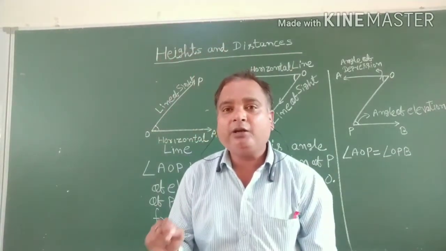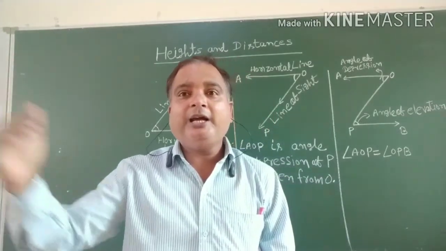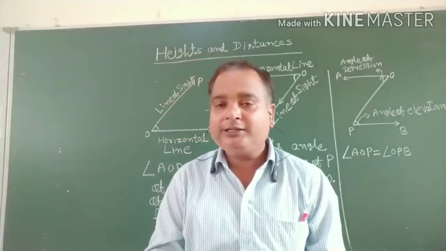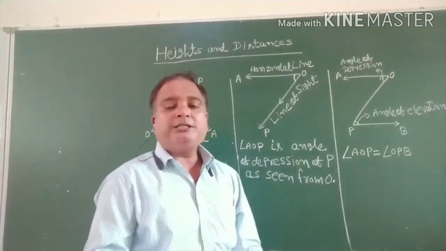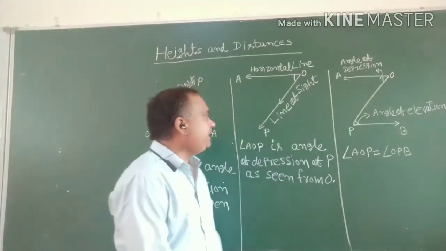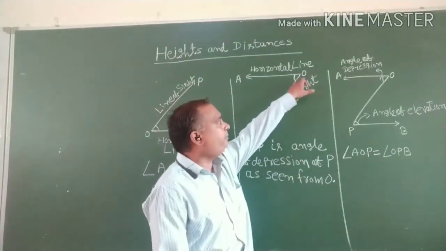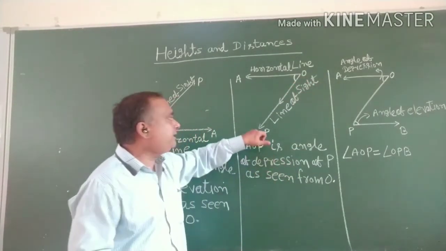Look, in case of angle of elevation, the object is at some height and the observer at horizontal ground. Now, in case of angle of depression, the position of observer and object are interchanged. In this case, the observer is at a particular height and the object is at ground level.